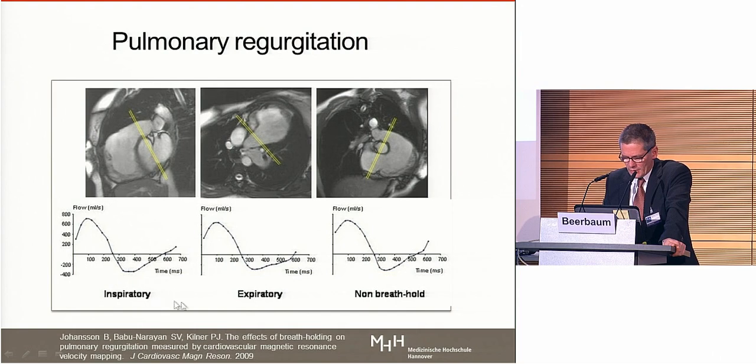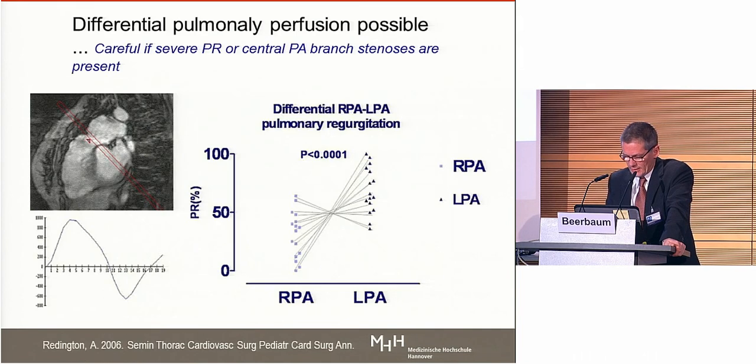But again, you need to be careful because some of the protocols use inspiratory breath holds. And these data will be different from scans where you use expiratory breath holds and patients where you use free breathing protocols. All different numbers, and you need to know your protocol and you need to repeat it the same way if you see the patient again in clinic.